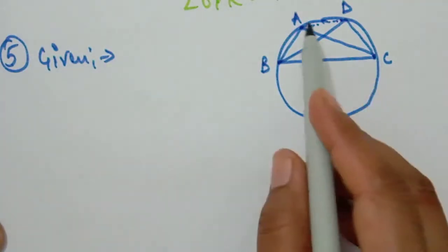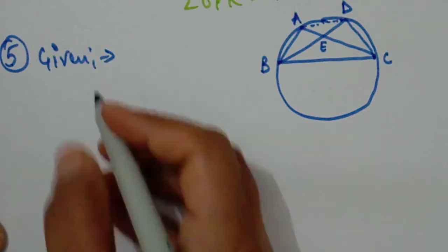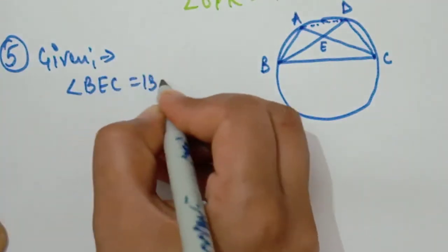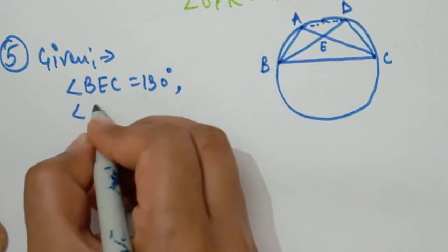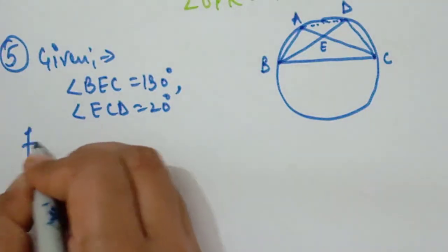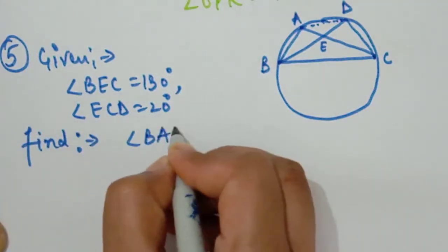The diagonals bisect at point E, and given is angle BEC is equal to 130 degree and angle ECD is equal to 20 degree. Find angle BAC.